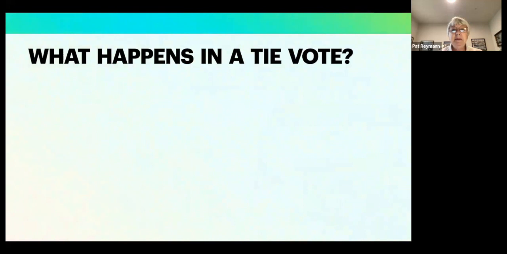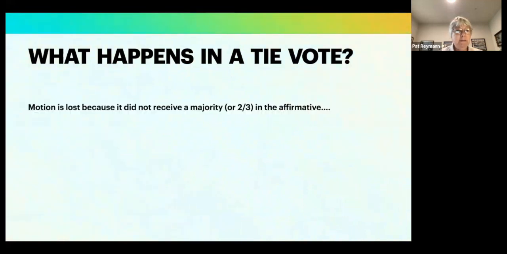All right, now what happens if the vote is tied? Well, the motion is lost because it did not receive a majority, or perhaps they needed 2/3 in the affirmative. Now, except for which motion? Remember last time we talked about a special motion that didn't get lost when the vote was tied.